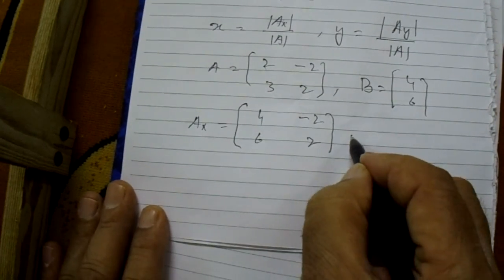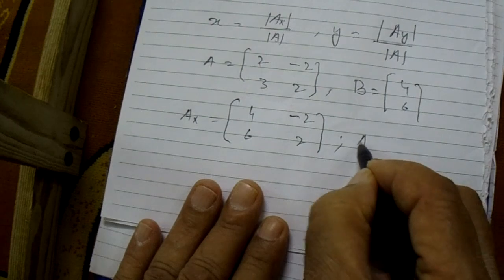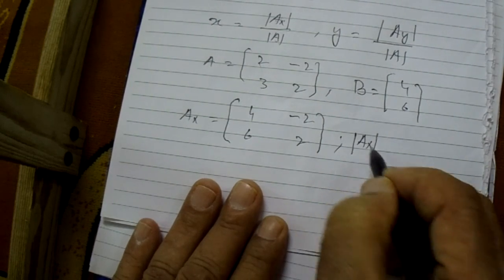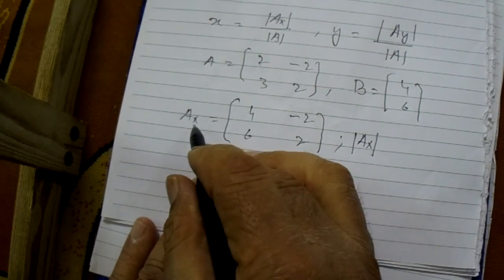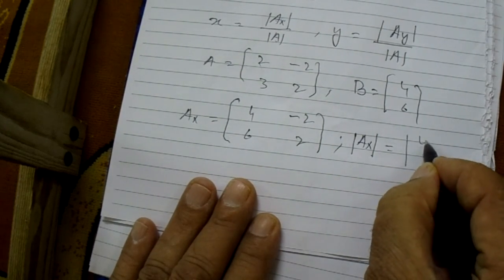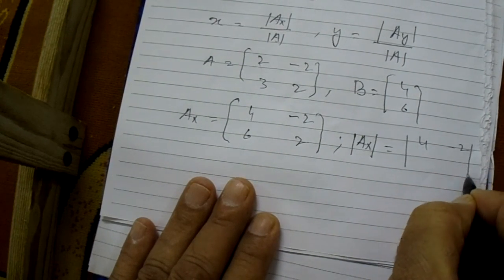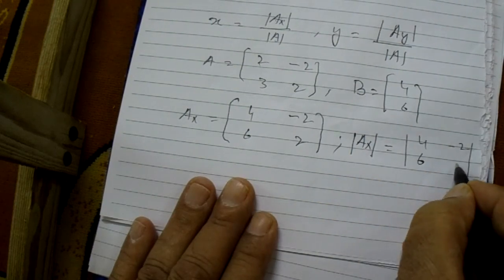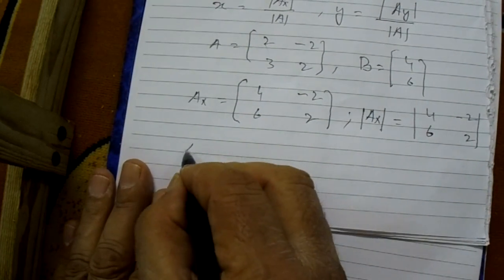Now we write det AX. It is equal to the determinant of 4, -2, 6, 2. Now we find det AX.